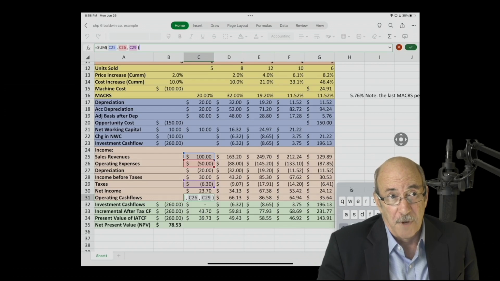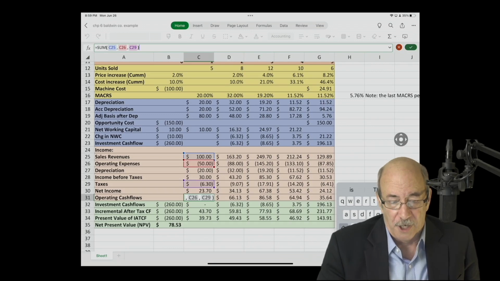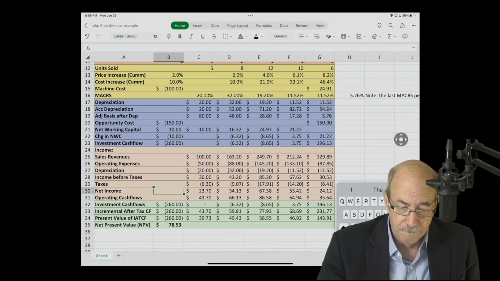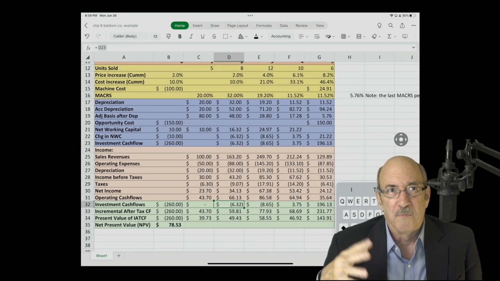So when I sum all of those up, the revenues plus the cash outflows, I end up with the correct value. So there's my operating cash flows. Investment cash flows, I just bring those down from up above, from row 23. I just wanted them in the same place so that we could see them more easily together.